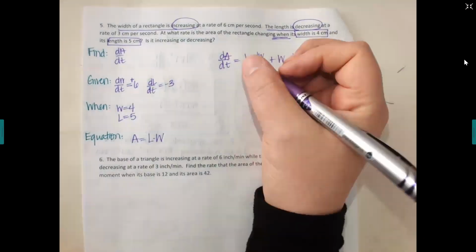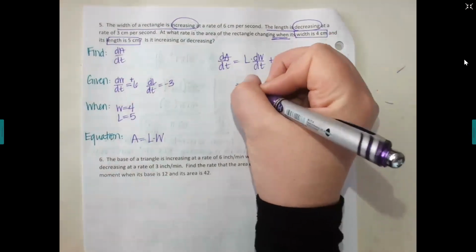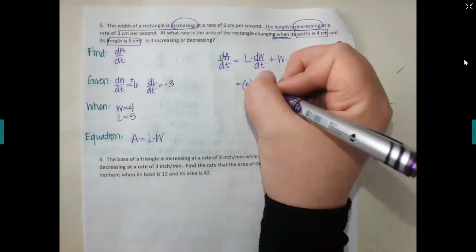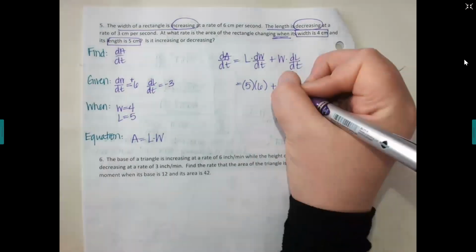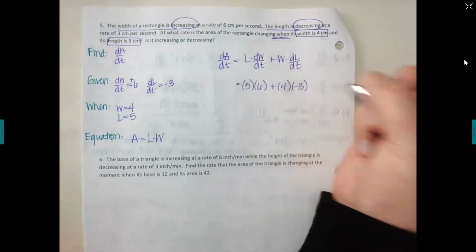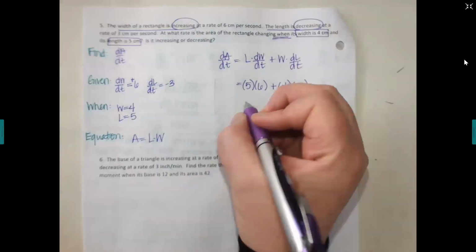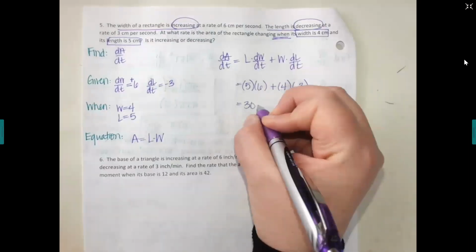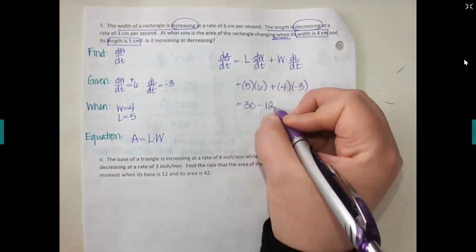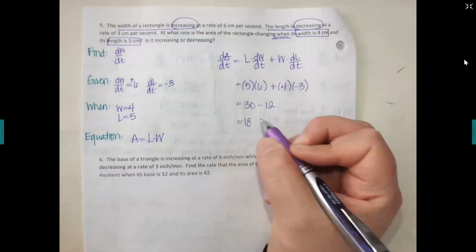So we have dAdt equals, my L was a 5, my dWdt was a 6, my W was a 4, my dLdt was a -3. 5 times 6 is going to be 30, minus 4 times 3 is 12, and 30 minus 12 is 18.